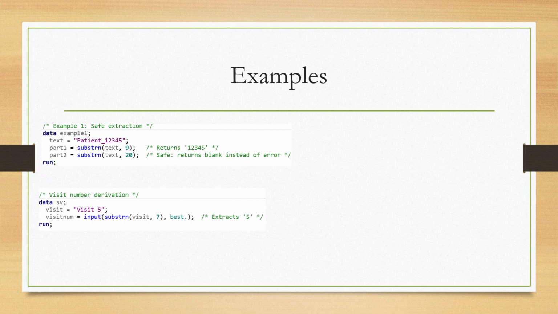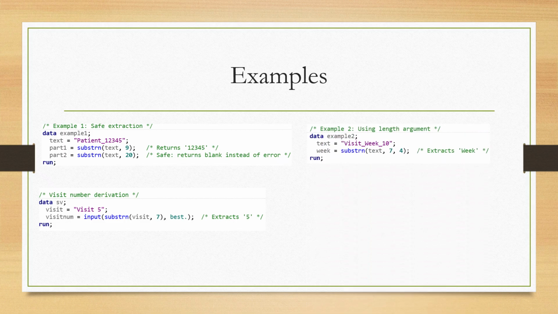So when we have applied SUBSTRN on visit, where we are giving the starting position as 7, it will read the value 5, but it will be a character value. So to convert it into a numeric format for visitnum, we have applied the input function in this call.